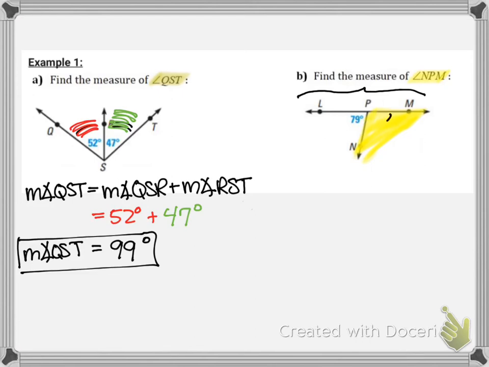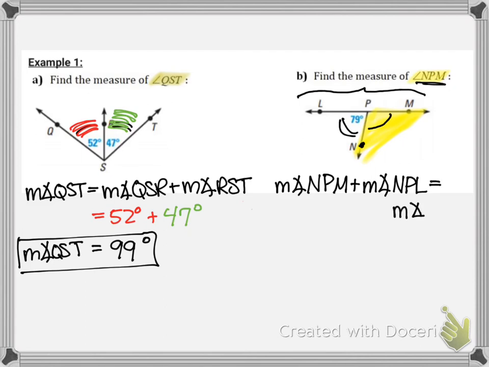The measure of angle NPM plus the other side of this angle, the measure of angle NPL, is going to equal the measure of that big angle, which is also a straight angle.